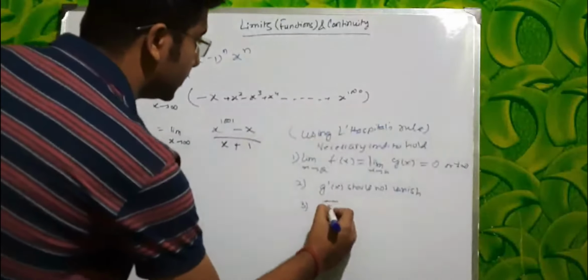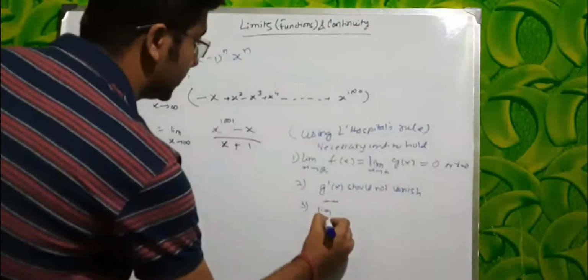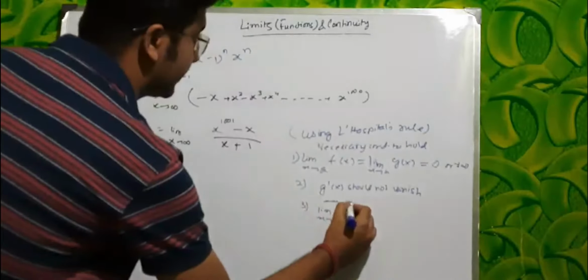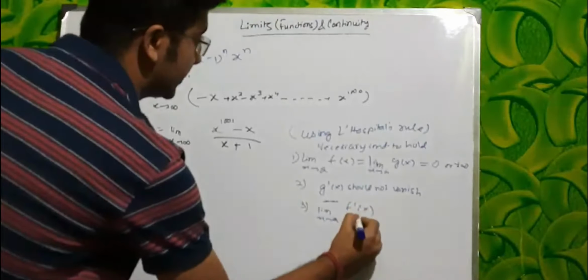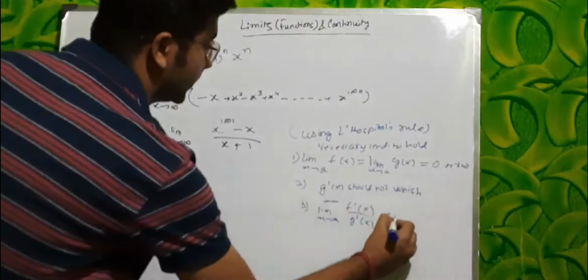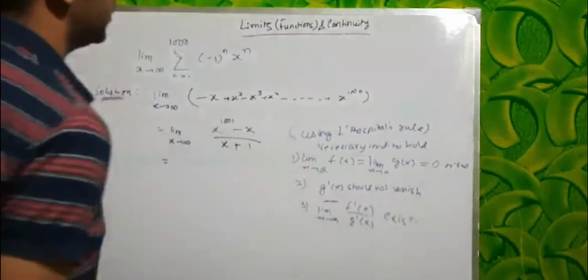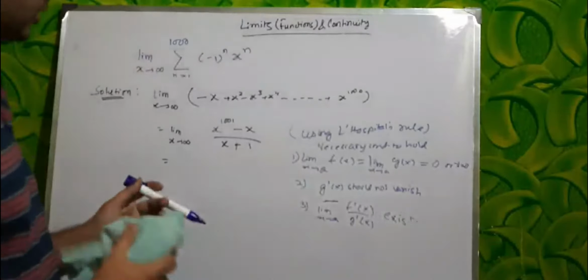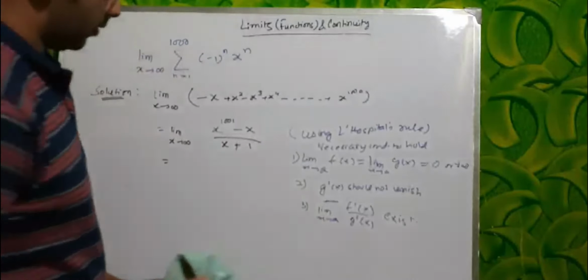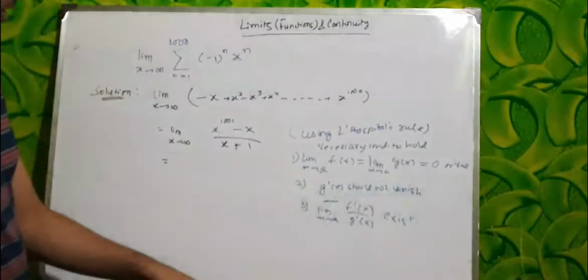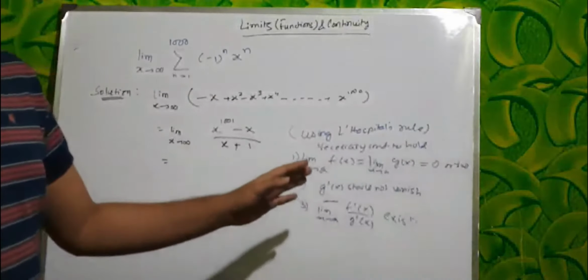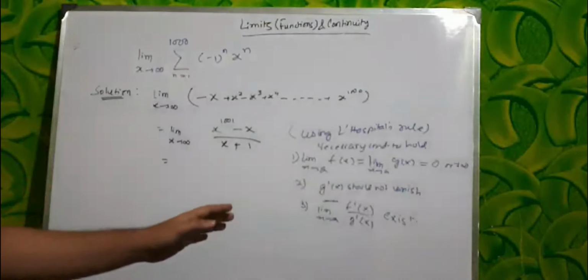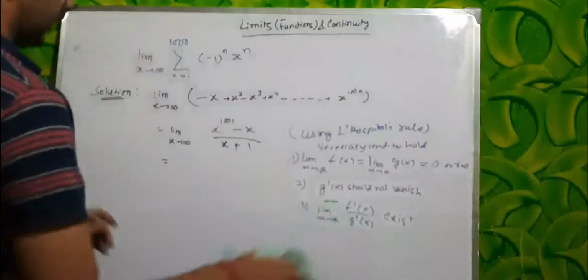And third is this limit should exist. If any of these conditions gets violated, don't think of applying L'Hopital's rule, or you will get a wrong answer. So similar to the sandwich theorem, L'Hopital's rule should be used very wisely to get to the right answer. So think over it and then apply.